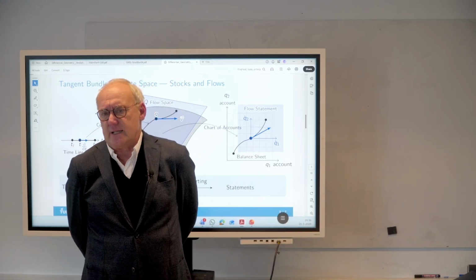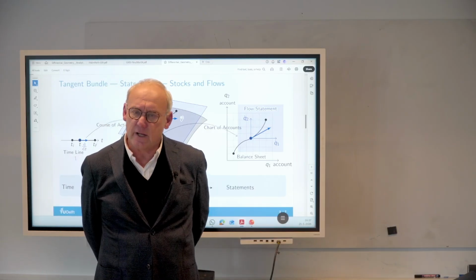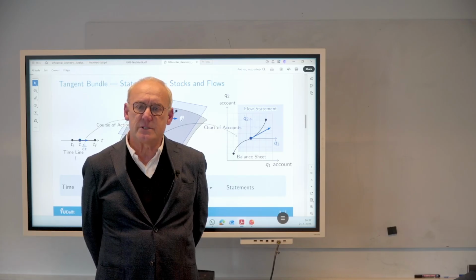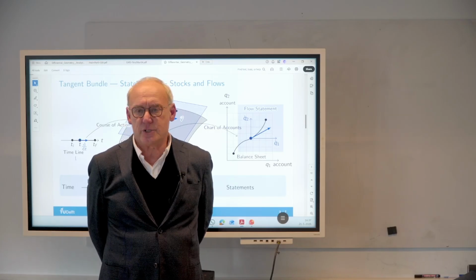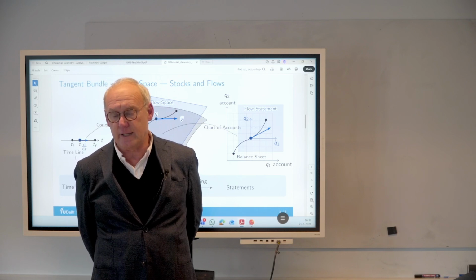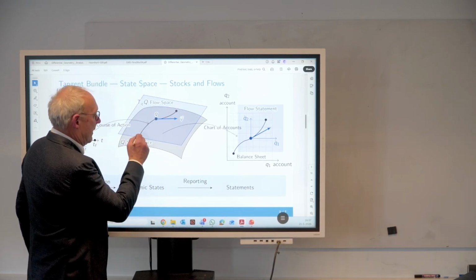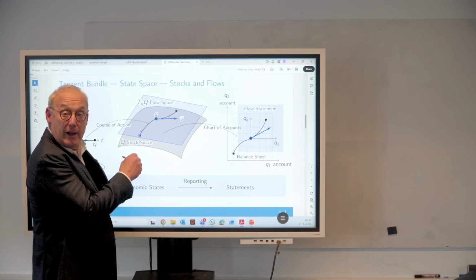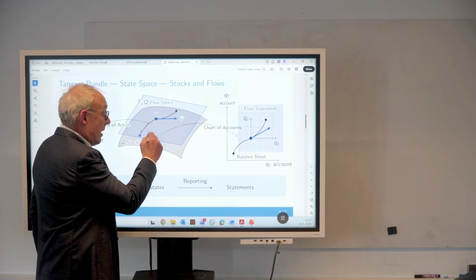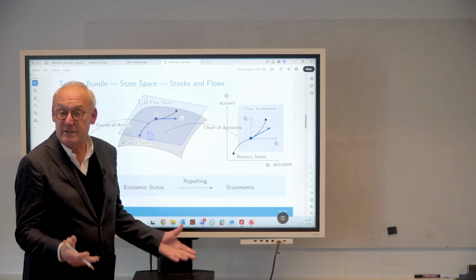So what is an incentive? That's a cause for the motion, not a description of the motion. What's a force? A force is a cause for a change in velocity, not the velocity itself. What this thing does is tell you how your stock level changes between one moment and another. How is that a force?